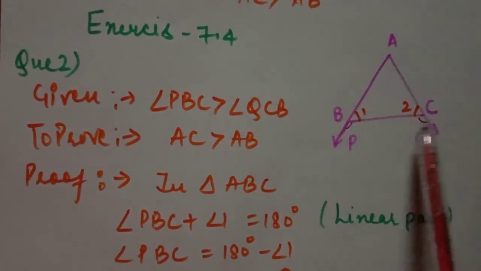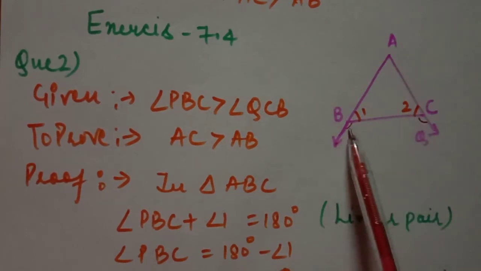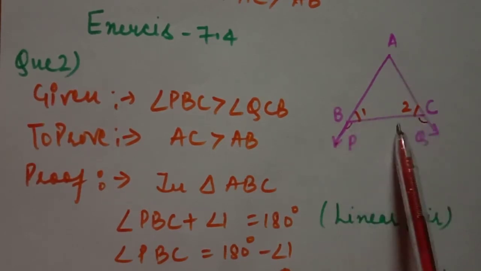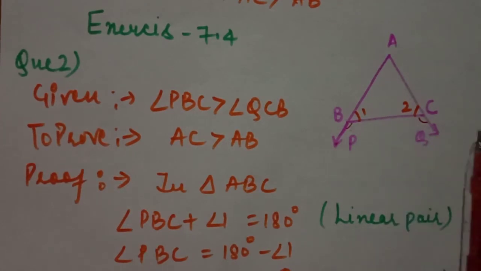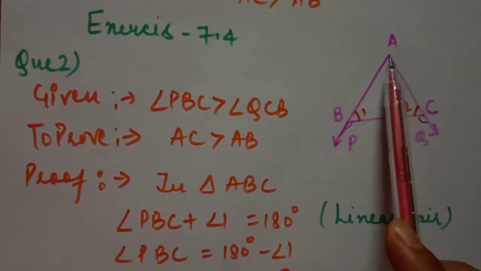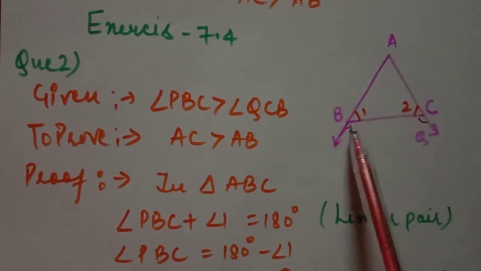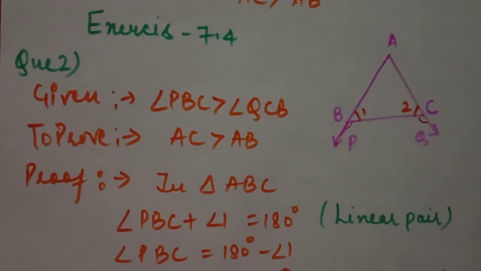What is given? Angle PBC, this angle, is greater than angle QCB, this angle. And what we have to prove? We have to prove that AC is greater than AB.